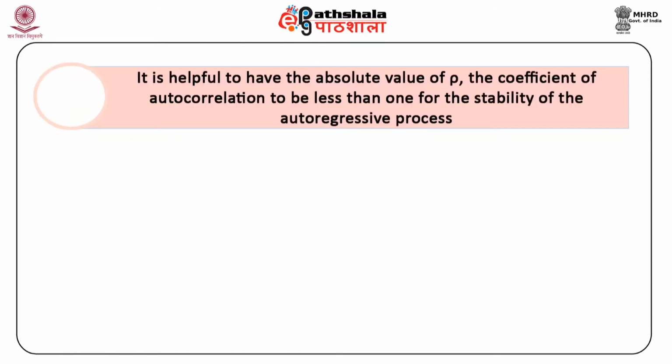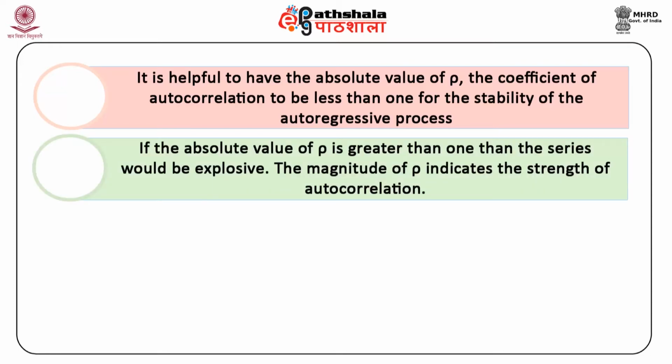It is helpful to have the absolute value of rho, the coefficient of autocorrelation, to be less than 1 for the stability of the autoregressive process. If the absolute value of rho is greater than 1, then the series would be explosive.